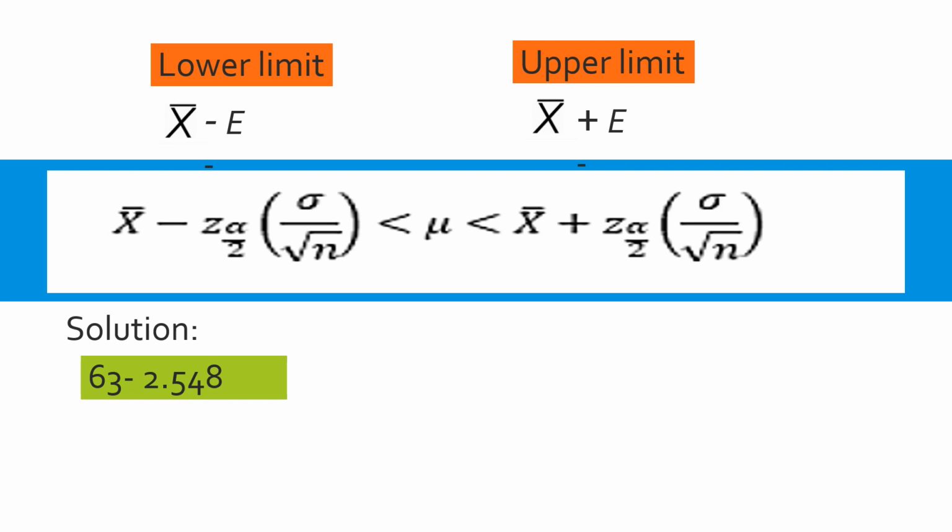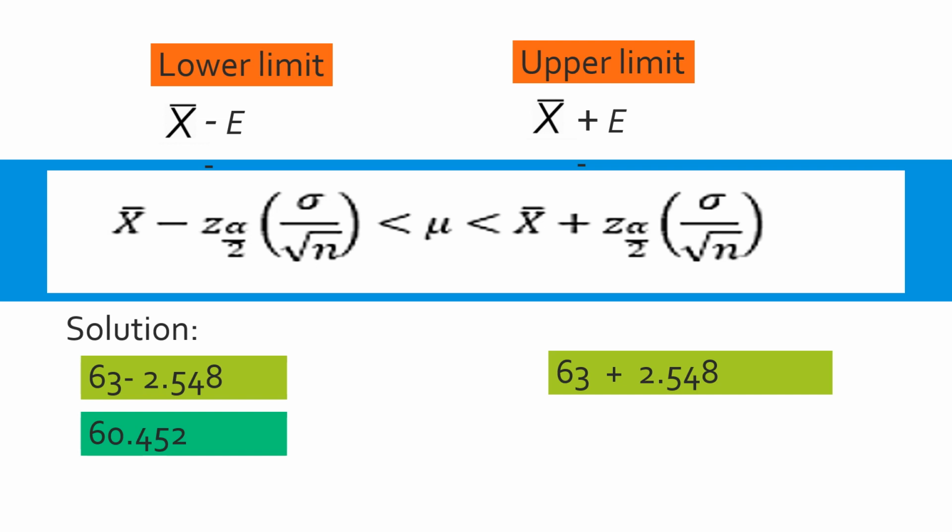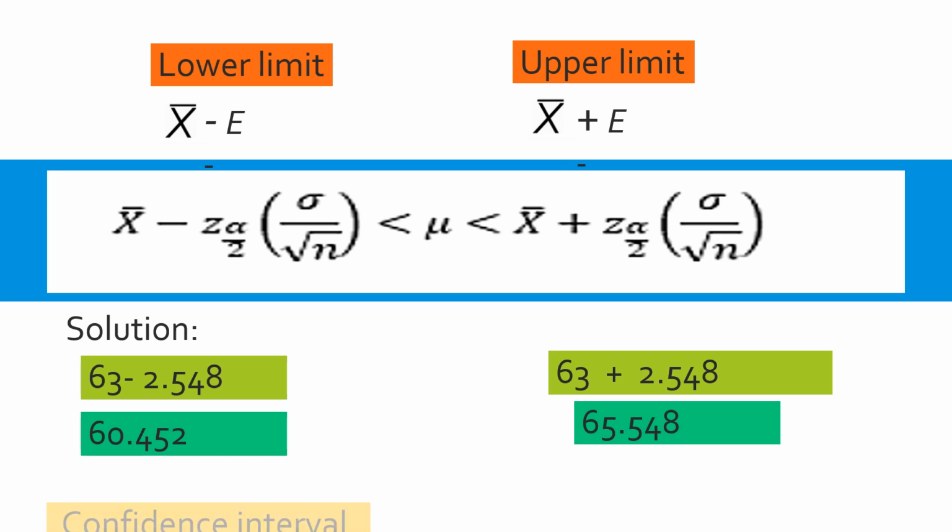So therefore, the sample mean, which is 63, minus 2.548, the margin of error, is equal to 60.452. So this is our lower limit. And for the upper limit, we have 63 plus 2.548 is equal to 65.548.